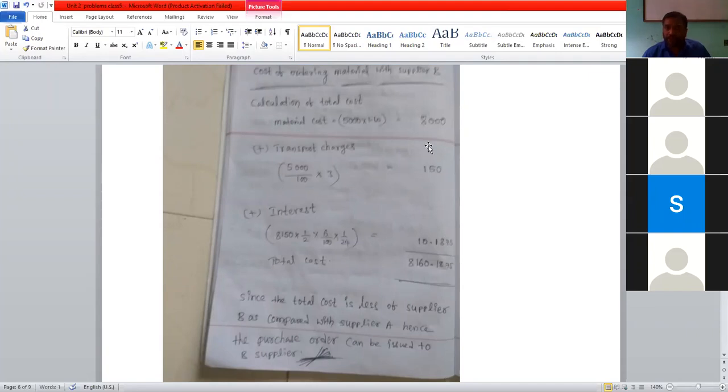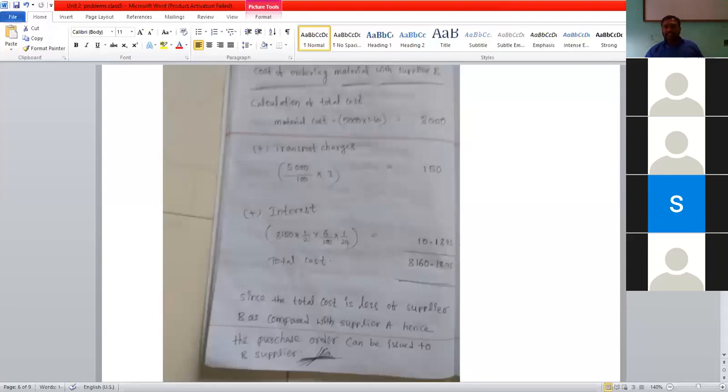So 8,150 plus 10.1875, you're getting 8,160.1875. So just now I said the supplier, according to their quotation, who is giving with a lesser price with the qualitative products, that is going to be selected.